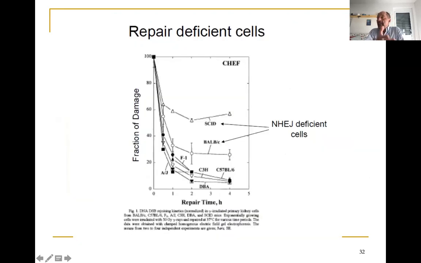As I said, a lot of these studies are done using repair deficient cells. So you take cells that are specifically deficient in some of this protein repair. In some cases, especially these days, you build these repair deficient cells.